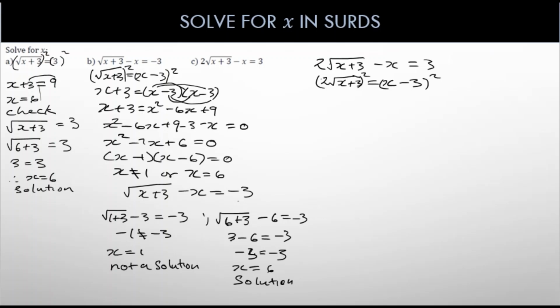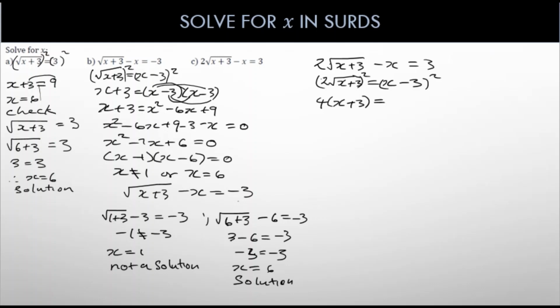So first of all, when I square 2, I'll have 4, but when I'm squaring the root, I'll have x plus 3, but these two things were multiplied, so I write x plus 3 in a bracket.